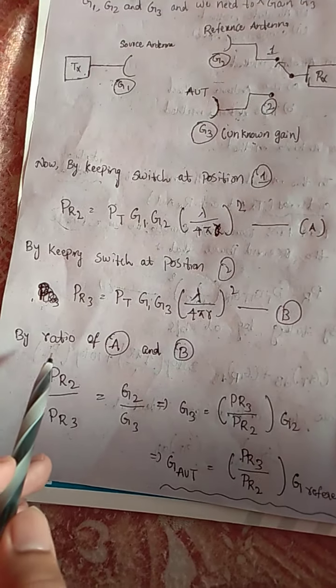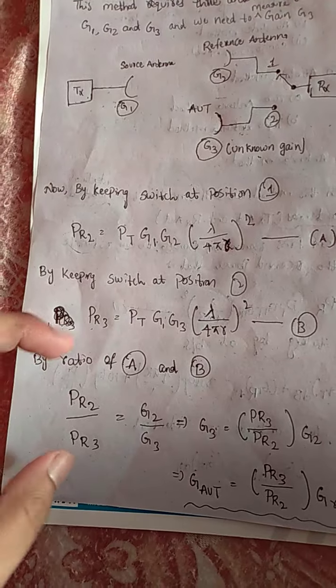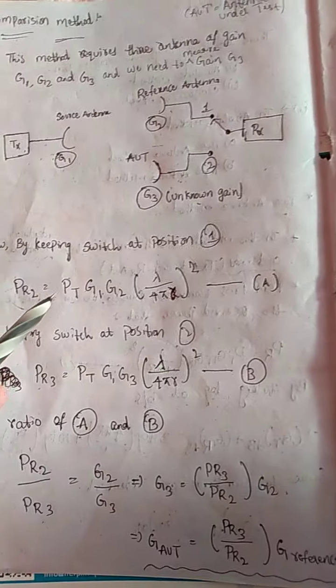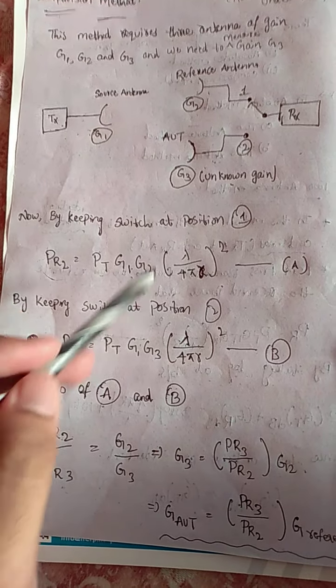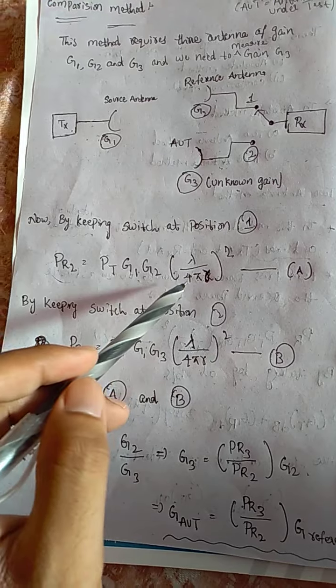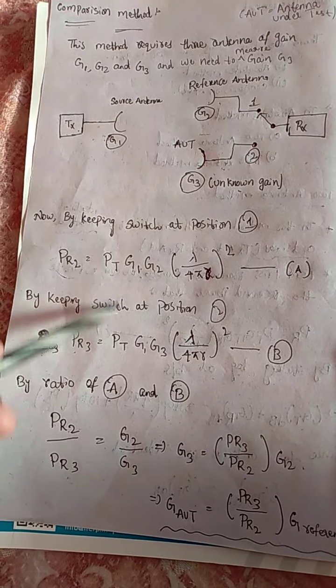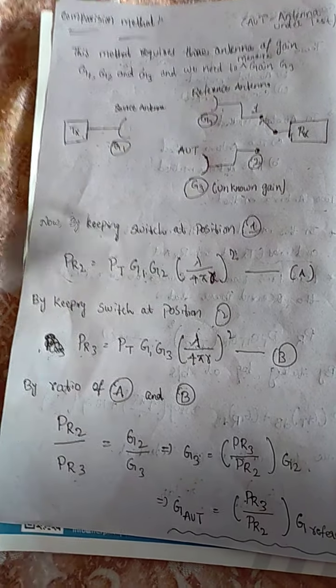By combining A and B, what do we get? Here we have PR2 and here we have PR3, so we write PR2 by PR3. Here PT is cancelled, G1 is cancelled, and lambda by 4 pi r whole square is also cancelled.